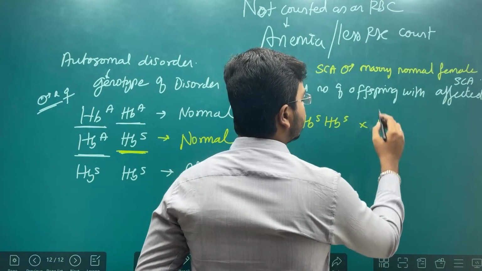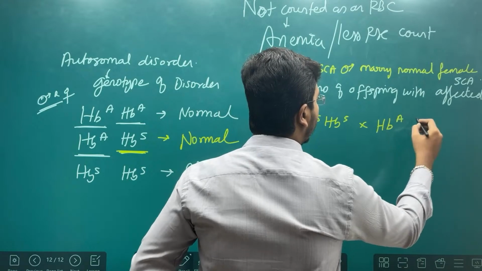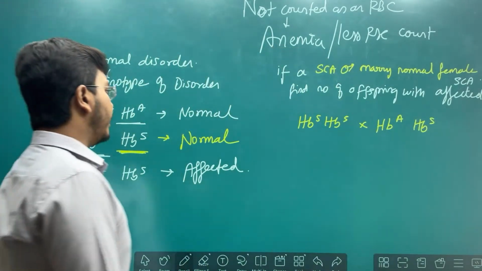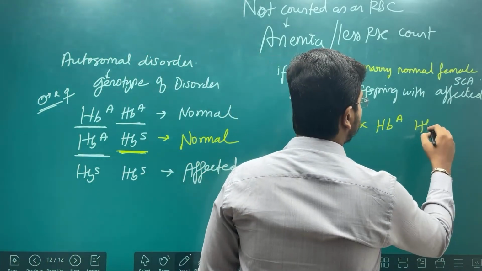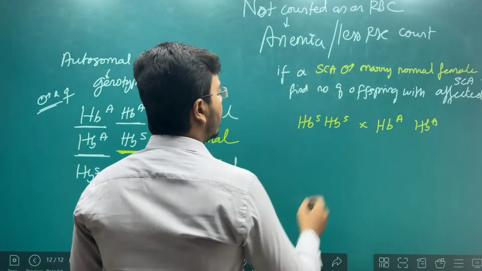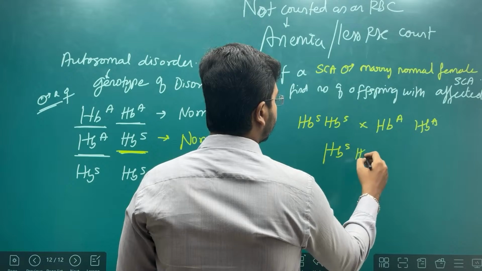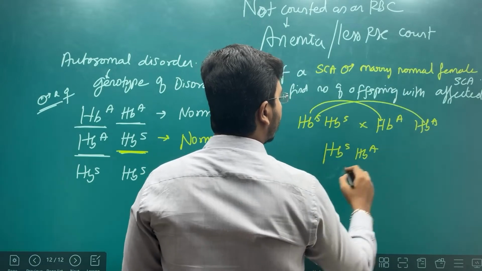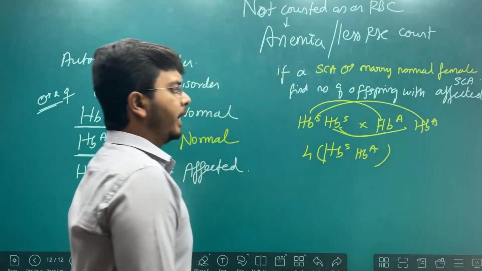So for example, we are taking both possibilities. We take HbA, HbS as a carrier. Okay, they may be normal, but here it is mentioned very normal, not a carrier. So we'll use HbA, HbA. Then the offspring are HbS, HbA, and the same here, so all four are HbS, HbA.